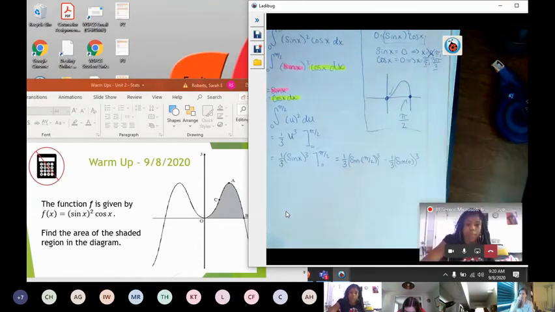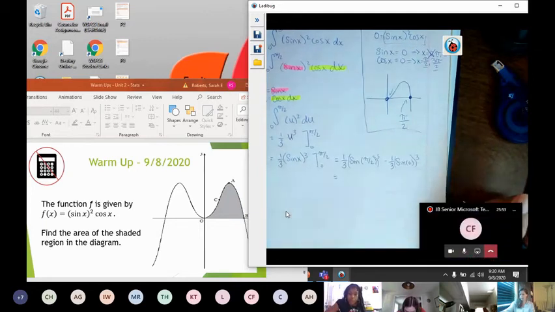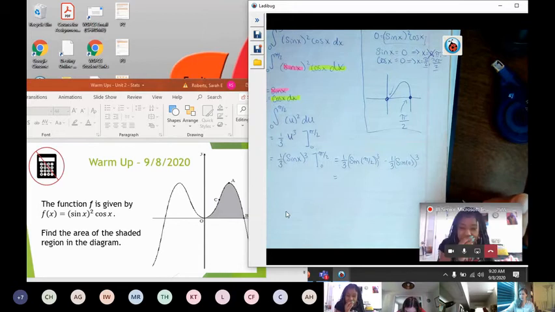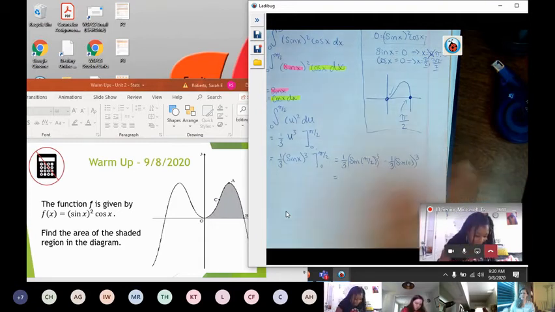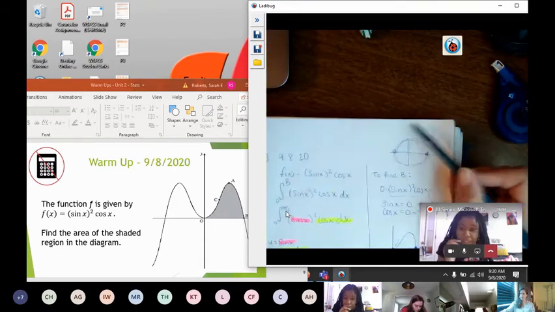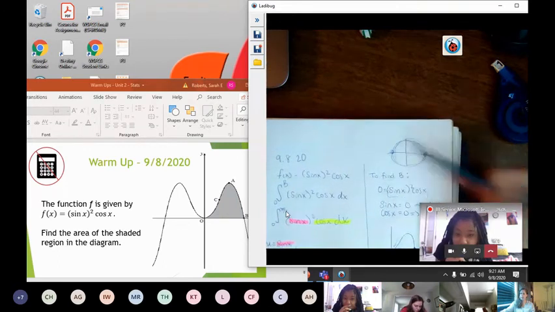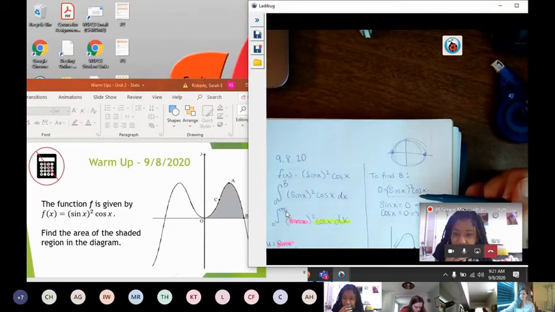Perfect. Okay, sine of pi over 2. Taylor, what's sine of pi over 2? Look at this circle up here. Pi over 2 is up here. What's the y value of that point? Wouldn't it be 1?